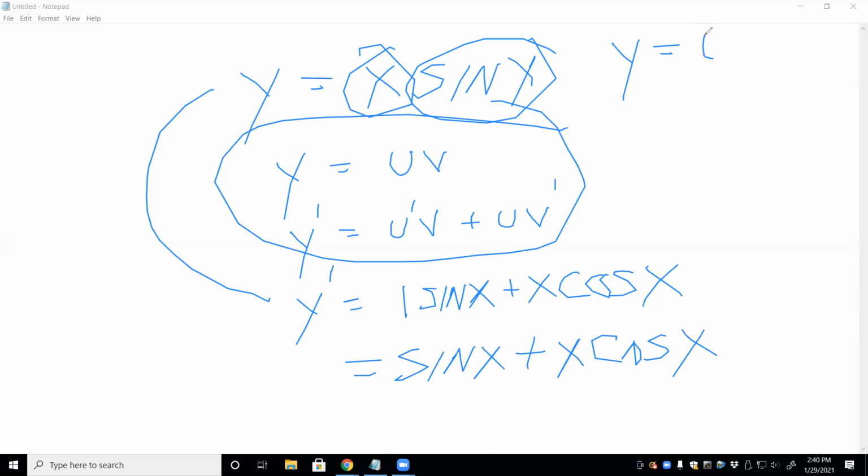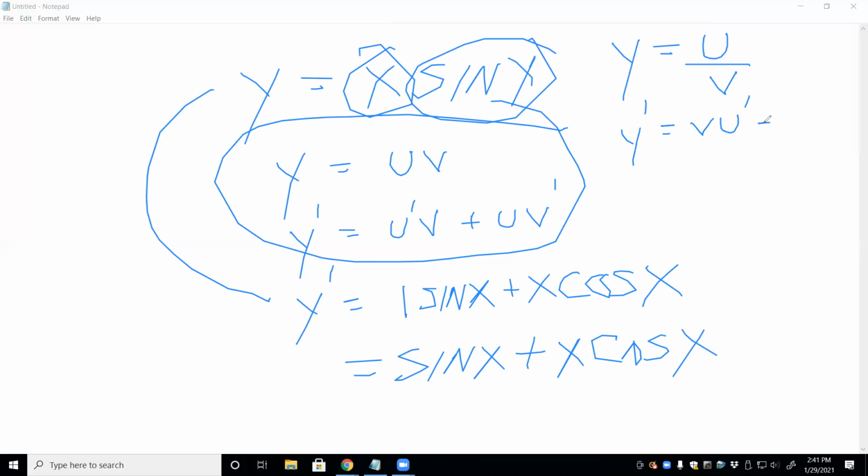If I have two functions being divided like this, then y prime starts getting really complicated. You start with the bottom and end with the bottom squared, is the way I remember it. What does that mean? I start with the bottom. I'm going to multiply it by the derivative of the top.